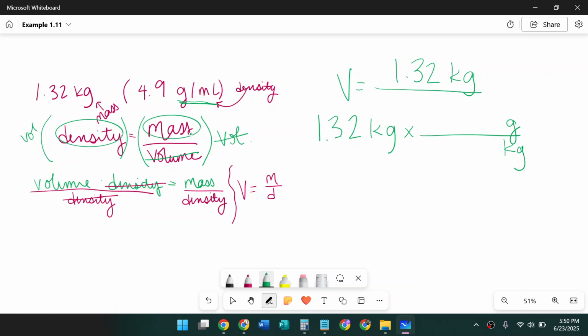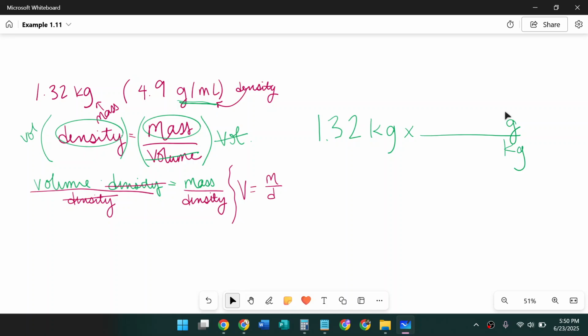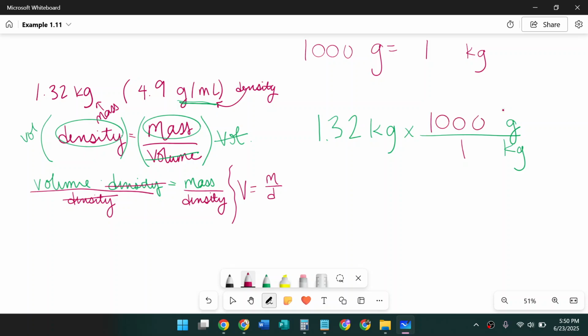If I have written somewhere on here what my conversion factor is, let me erase this because that's where I'm going to put my conversion factor. If I haven't, this is a good time to write it. Grams to kilograms. Kilograms is bigger, so there's my 1, and there are 1,000 grams in a kilogram. So I'm going to write the numbers in the correct place.